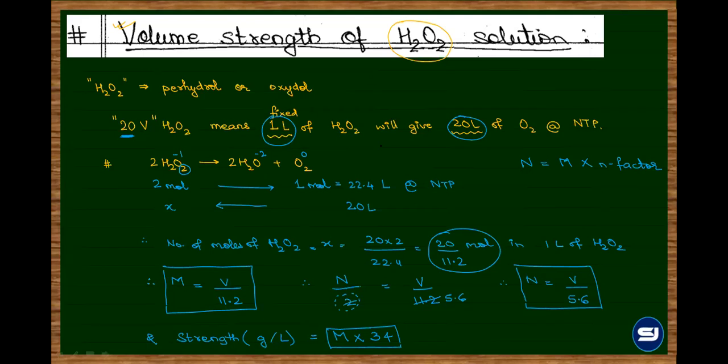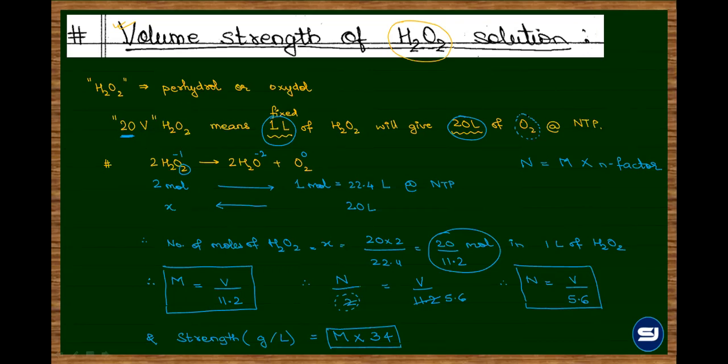So in the H2O2, the oxygen is undergoing oxidation and reduction. So don't we have to apply that formula of N1 into N2 upon N1 plus N2? Okay, so basically this is with regards to the disproportionation reaction. Correct? Yes, sir. Now, here, the overall concept of the hydrogen peroxide, we are relating it only with oxygen.